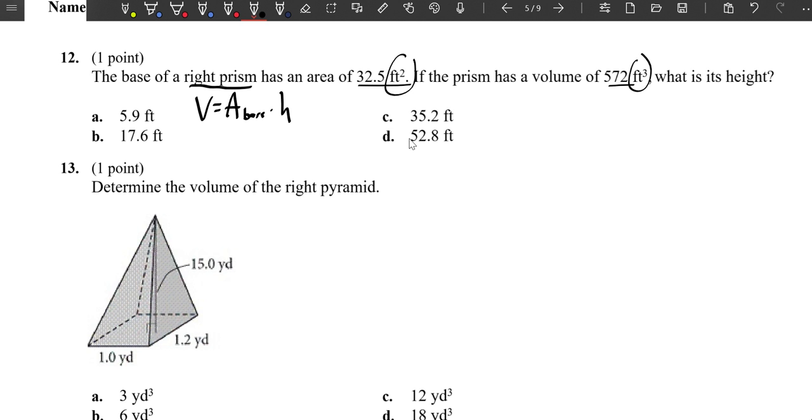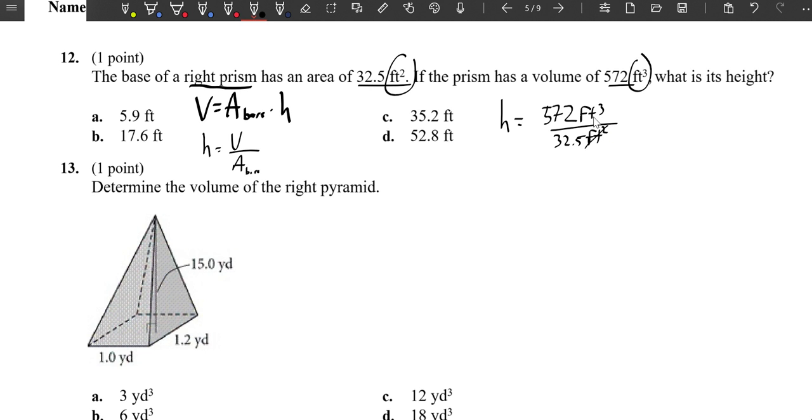So that's great. So if we know volume and we know area of the base, we just need to know h. So if we're trying to find h, we can divide both sides by A. So the height will be equal to our volume, 572 cubic feet, divided by the area of the base, which they just told us, 32.5 square feet.